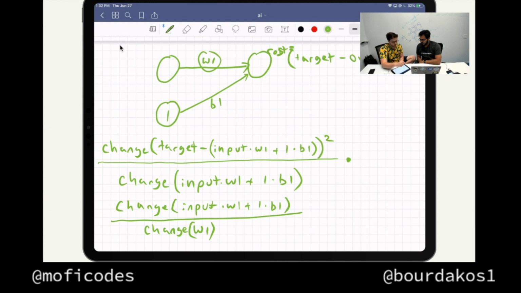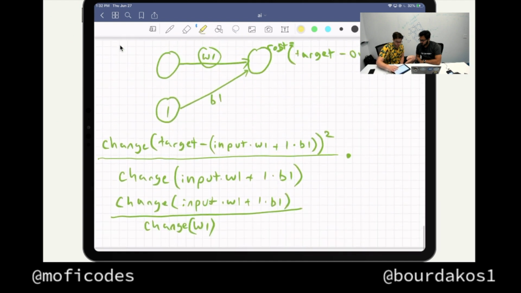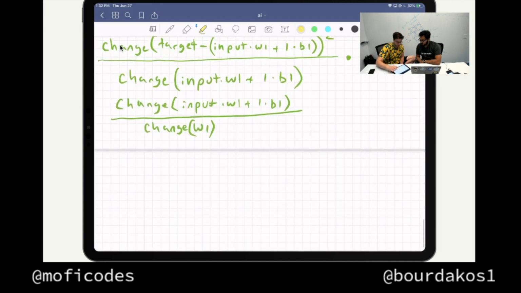Because that's what we want to figure out. We want to see how much changing this will affect our cost function. But figuring out the derivative of this directly is a little complicated, so that's why we're using the chain rule, because these two functions are easier to solve for. So I'm going to make another page.